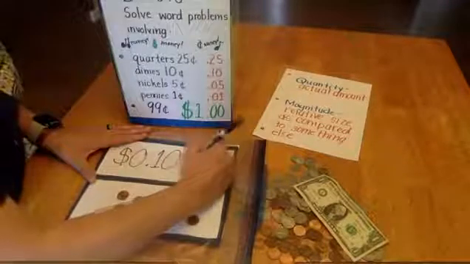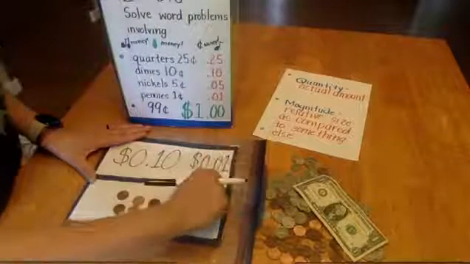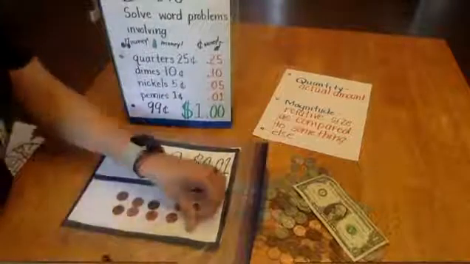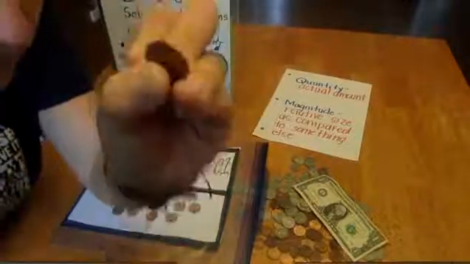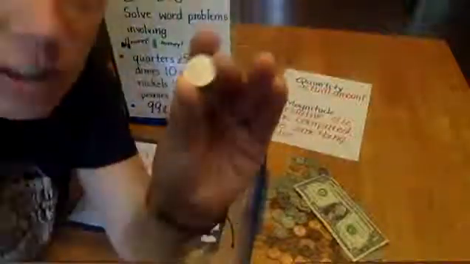And a penny has a value of 1 cent, okay? So it takes 10 of these guys to make 10 cents. So just because this coin is smaller, it doesn't mean it's not worth more than a penny.